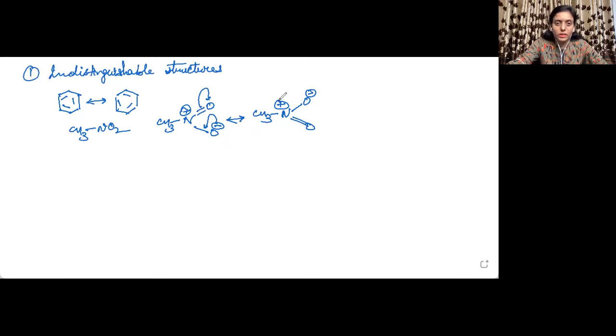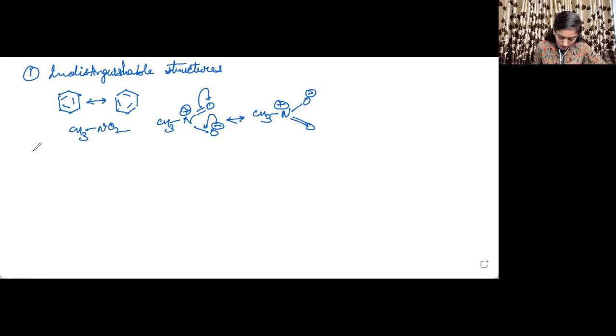So there is one nitrogen-oxygen single bond. Oxygen is carrying a negative charge, nitrogen is carrying a positive charge, and one nitrogen-oxygen double bond is there, one CH3 group is there. Everything is the same. So these two will have the same energy, so they will show equal contribution towards the resonance hybrid.